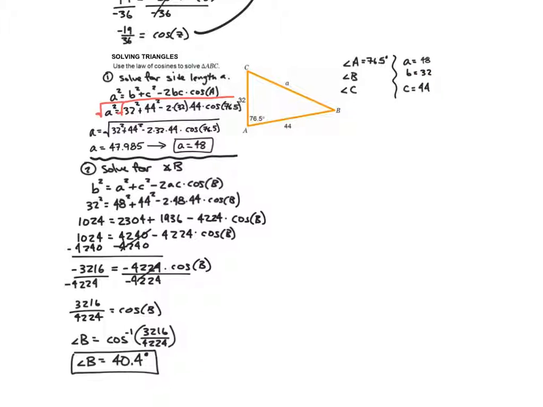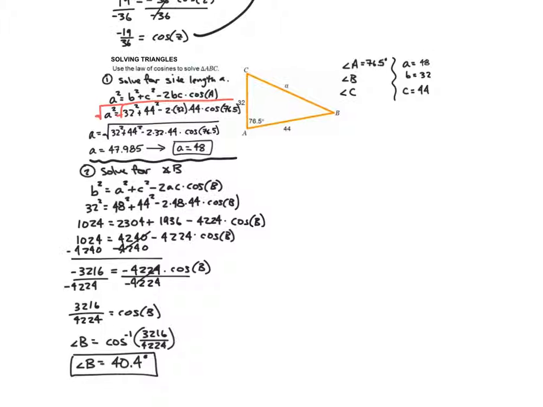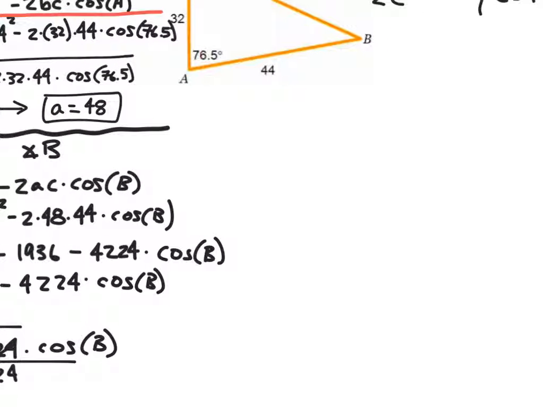B is the smallest side, so that angle measure should be smaller than A. Now, side length C is the middle length, so angle C should be the middle angle. So now that we know, let's find angle C, all right? And you can do law of cosines to do that, but that's just a lot of extra work to do something that is very simple.